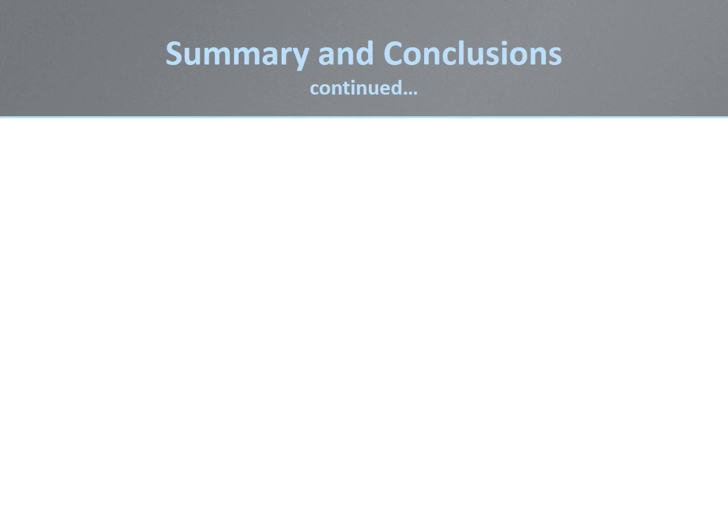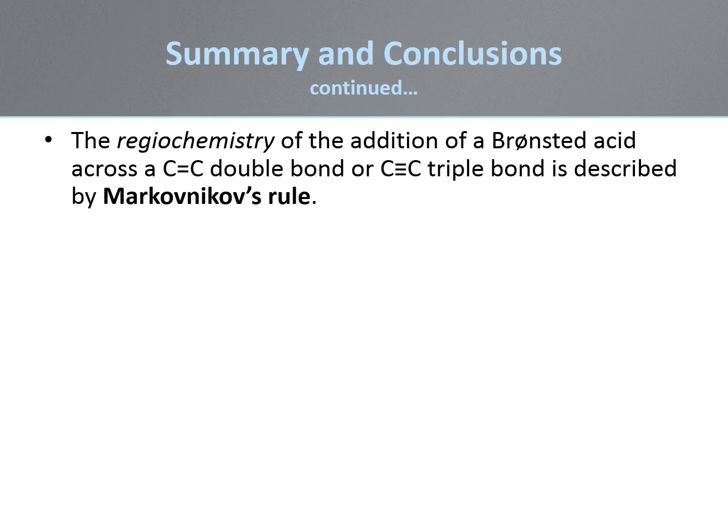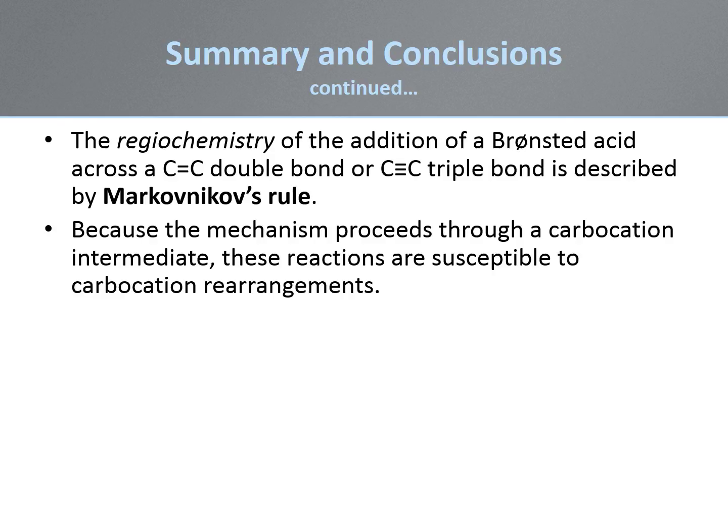The addition of a Bronsted acid across an unsymmetrical double bond or triple bond is regioselective. This regioselectivity is referred to as Markovnikov's rule, where the proton typically adds to the least substituted carbon to form the more stable cation. These cationic intermediates can undergo rearrangement to a more stable cation if such is available.